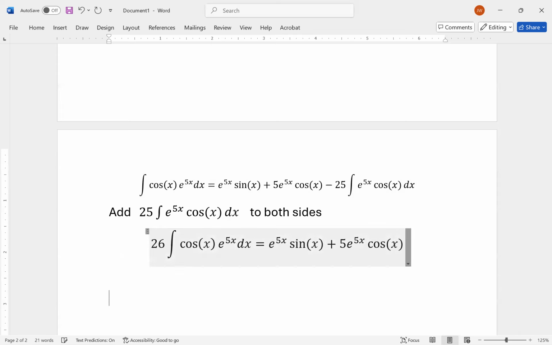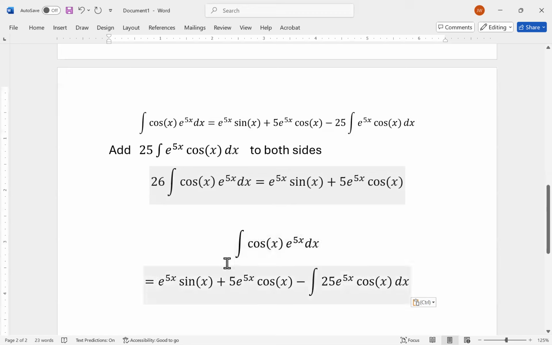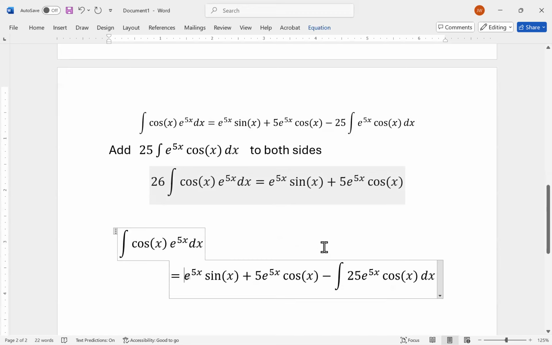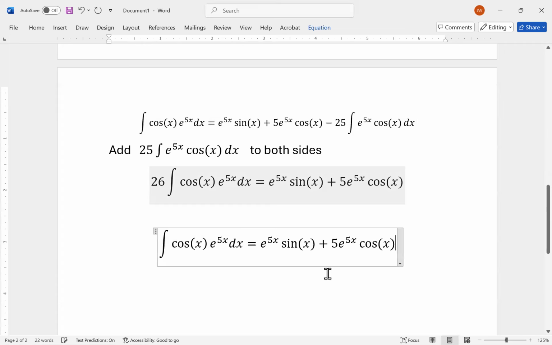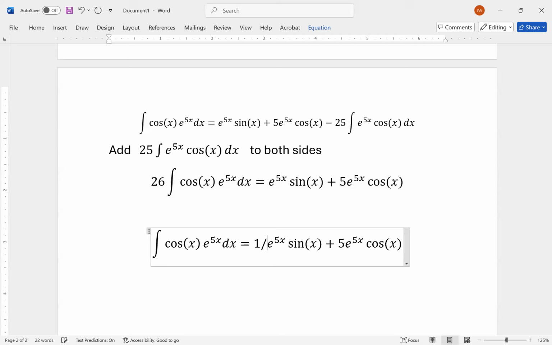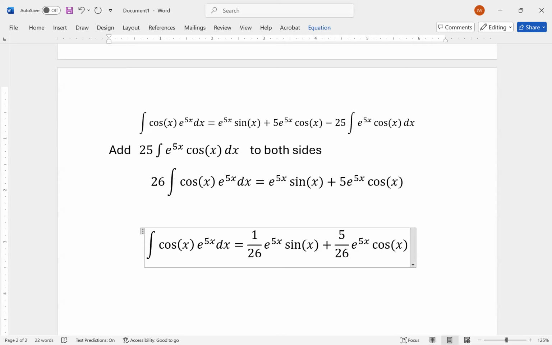And now I would multiply by 1 over 26 on both sides. If I multiply times 1 over 26, I'll get 1 over 26 times this first term, and then 1 over 26 times the second term gives me a 5 over 26 as the coefficient of the second term.